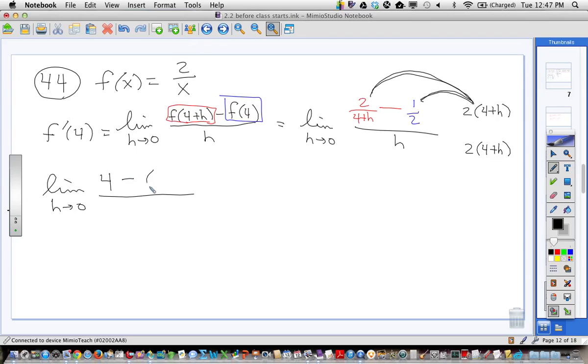Now you got to be careful here. I got to put parentheses around that 4 plus h. That's why I did not distribute that 2 through here, right? If I don't distribute the 2 through there, then it's easier for me to see the stuff that cancels. Okay? So the top, so right there, by multiplying by that, and again, all I've done is multiply by a 1, a well-chosen 1.